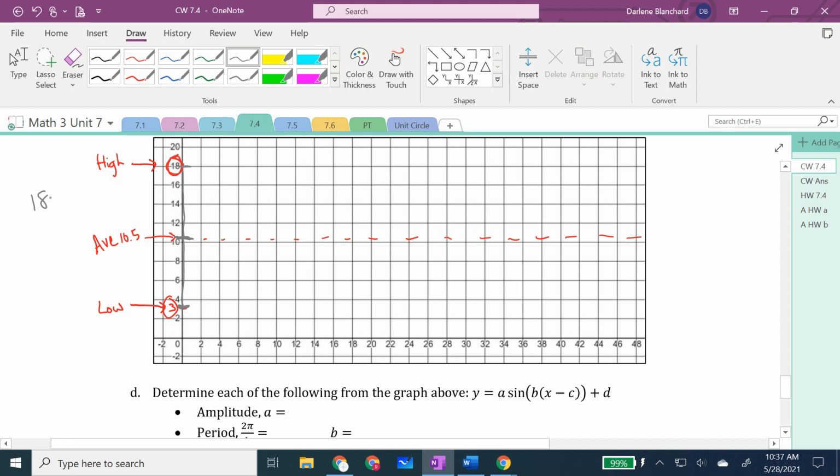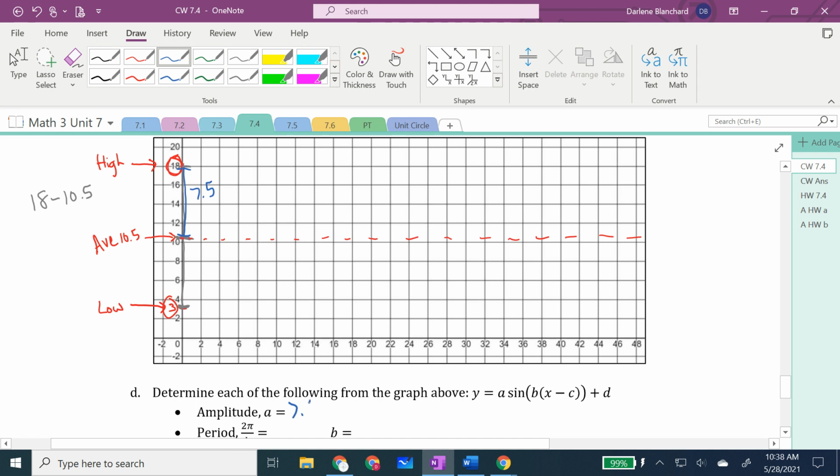We can take the high and subtract the midline, the average temperature, and that gives us what number? 7.5. So this distance is 7.5.